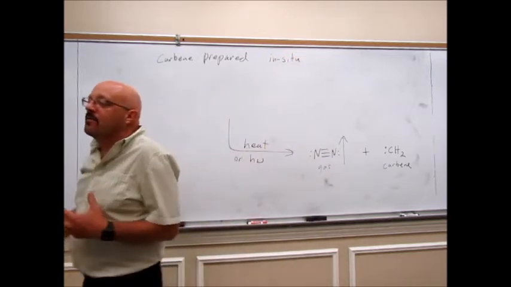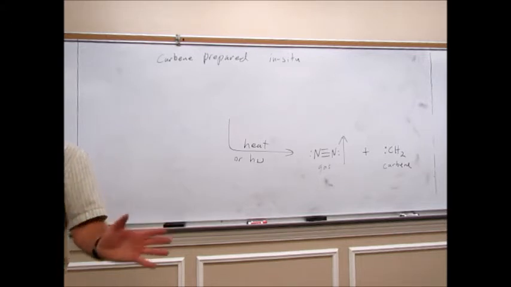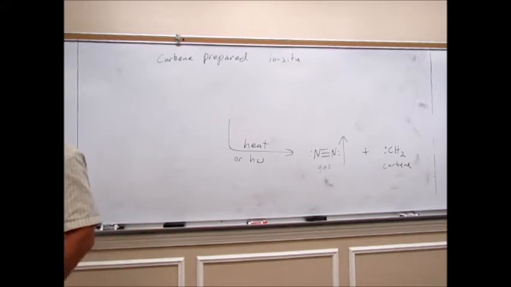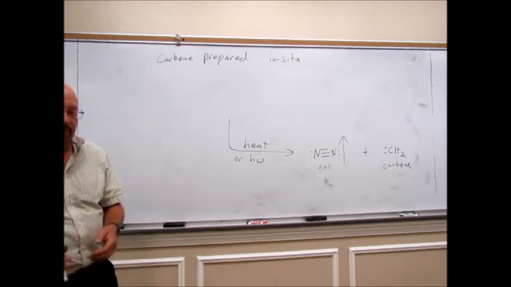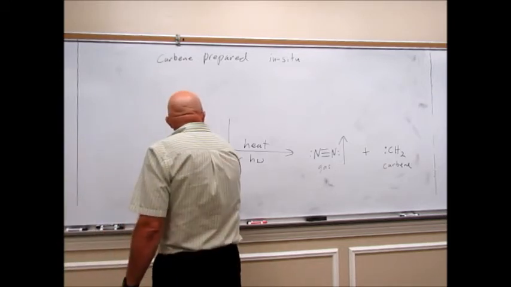In situ means you prepare it in the same flask as what you want it to react with. So we're going to make it in the same flask as I've already got what I want to react it with, so as soon as it's made, it can react. Because we know it's not going to exist for very long. You've got to have what we're going to react it with there in the same flask, because it only exists for a few seconds. Now what we're going to react it with is alkenes.